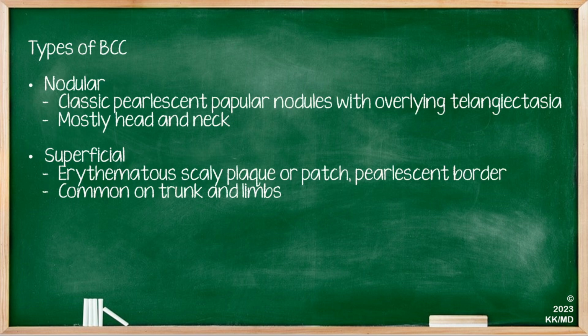BCC is normally divided into 4 different types. The classic one is the nodular pattern, which is your classic pearlescent papular nodules with overlying telangiectasia of the skin. They mostly affect the head and neck. Another type is superficial BCC, which is an erythematous scaly plaque or patch with a pearlescent border, and it commonly affects the trunk and the limbs.